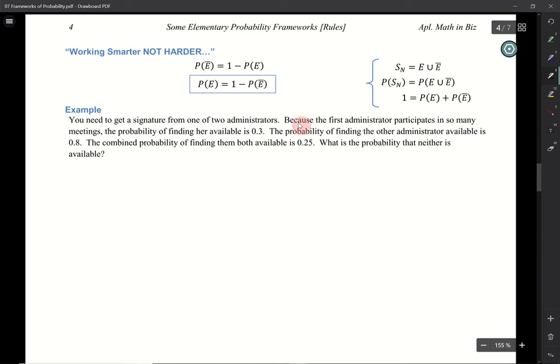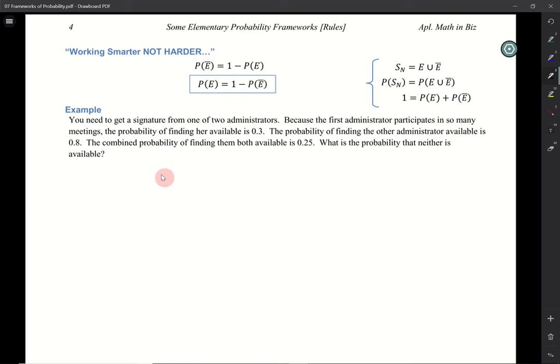Because the first administrator participates in so many meetings, the probability of finding her available is 30%. The probability of finding the other administrator available is 80%. The combined probability of finding them both available is 25%. What's the probability that neither is available?